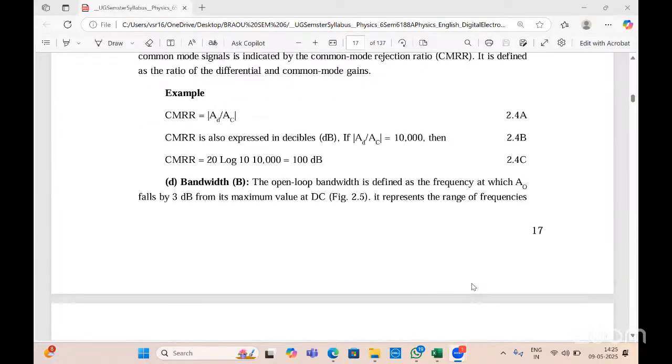What is the bandwidth? The open loop bandwidth is defined as the frequency at which A naught falls 3 decibels from the maximum value.